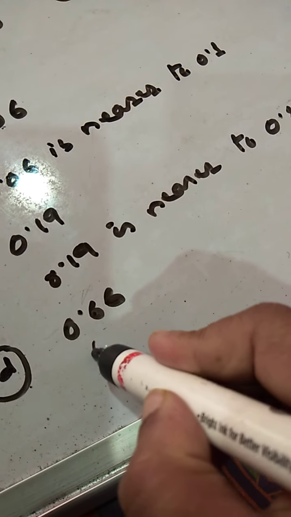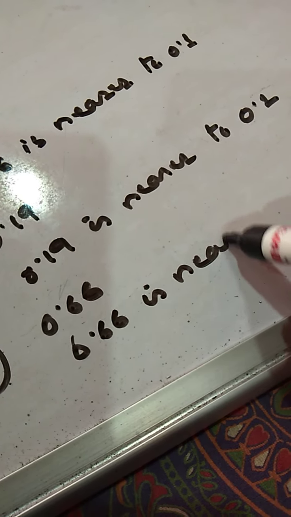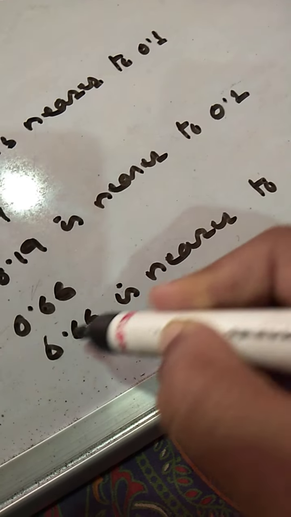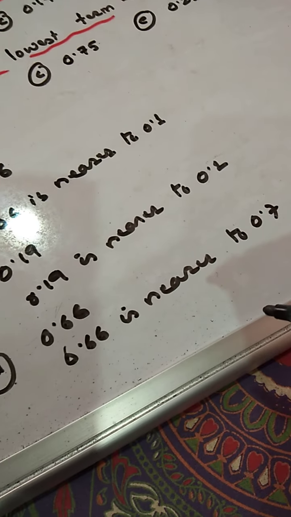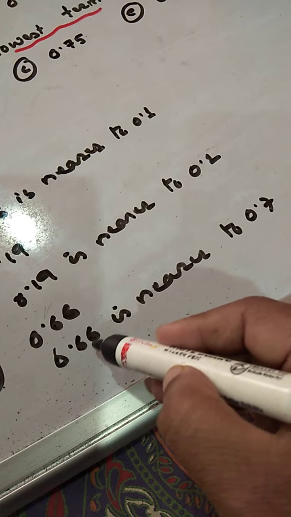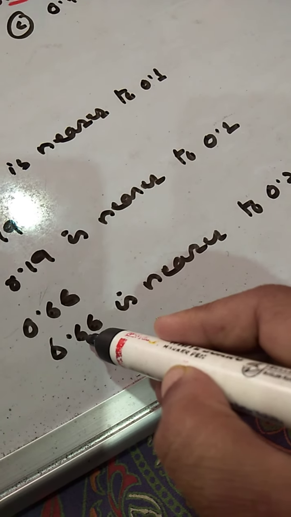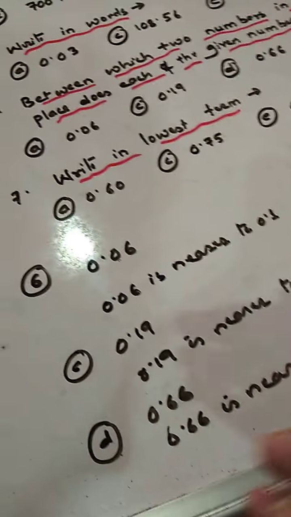That is 0.66. Now I hope you have understood this. What you have to write? 0.66 is nearer to, what is the 10th place then? We will write 0.7. What is the nearest 10th place to 0.66? It is 0.7. So simple.